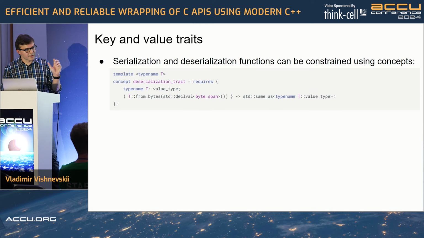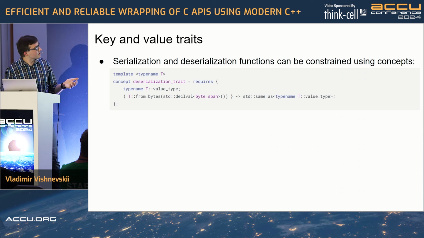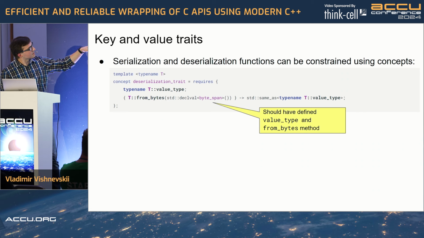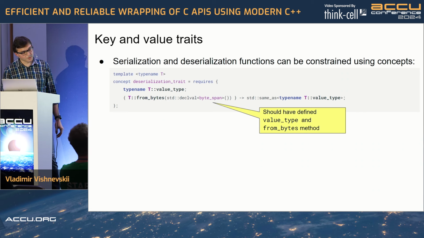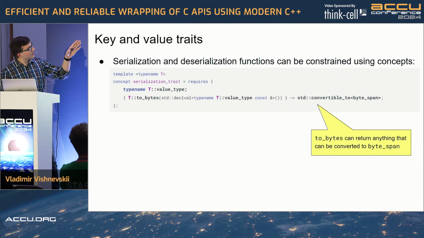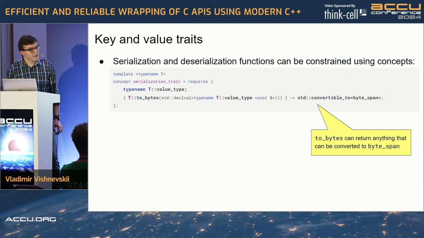To be more specific about those various traits, we can specify concepts that would provide a better description of the requirements to those traits, and also provide better diagnostics if we do not fulfill some of those requirements. For our deserialization traits, it should have a nested declaration of a value type, and also have the from_bytes method that we saw before. For the serialization trait, we need to have a to_bytes method that returns something that is convertible to byte span.